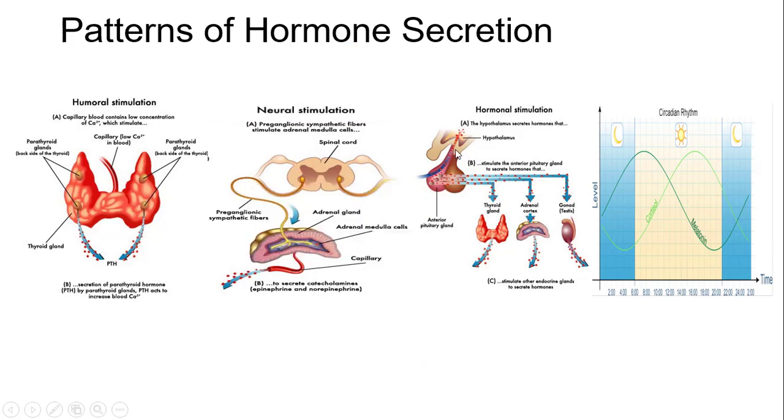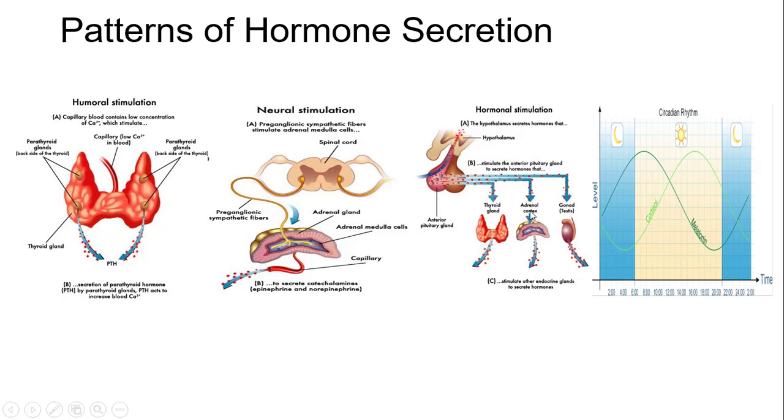The other example of hormonal stimulation is the release of CRH, or corticotropin releasing hormone, from the hypothalamus, that will stimulate the anterior pituitary gland to release yet another hormone, adrenocorticotropic hormone, or ACTH. ACTH will stimulate another gland to release a hormone.